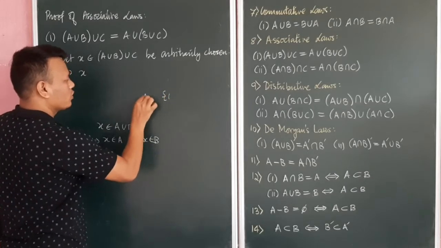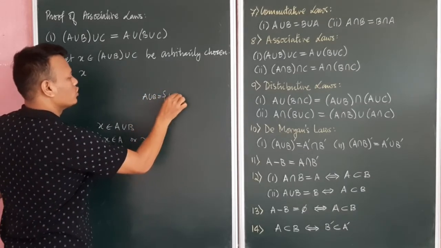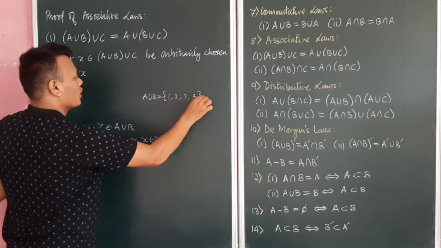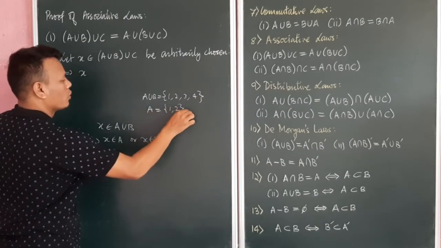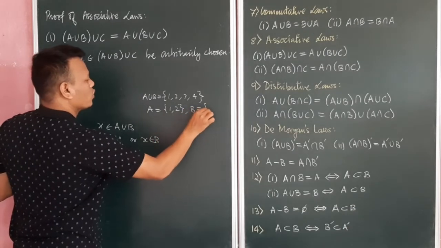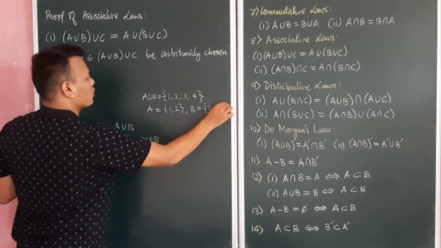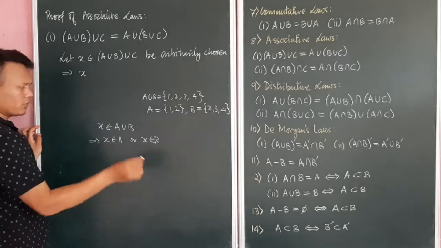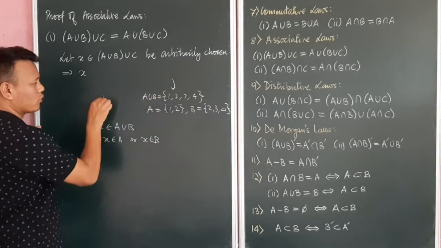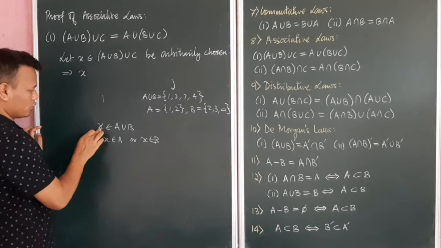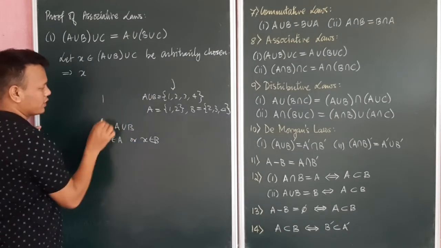Because if x belongs to A union B, for example, I will show you using this one. So suppose A union B is 1 2 3 4, A is 1 2, B is 2 3 4. All right, so what have I done? I have chosen any one element from here. For example, 1.